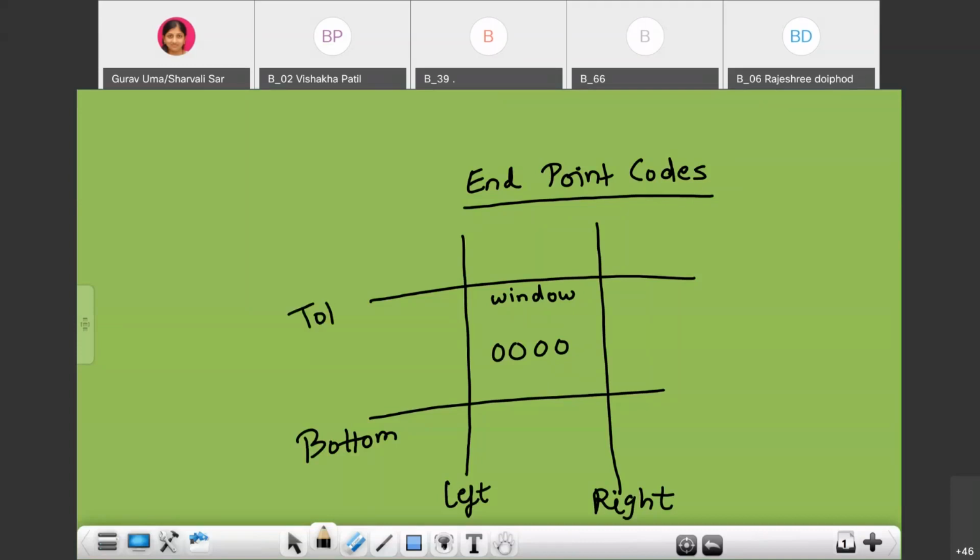Now with this top, bottom, left, right, we have to assign a code. I will write here T, B, R and L. With this help, we will be assigning the code.